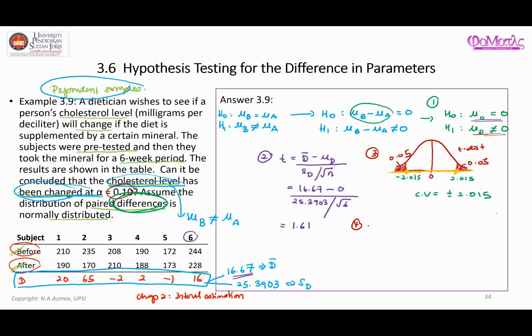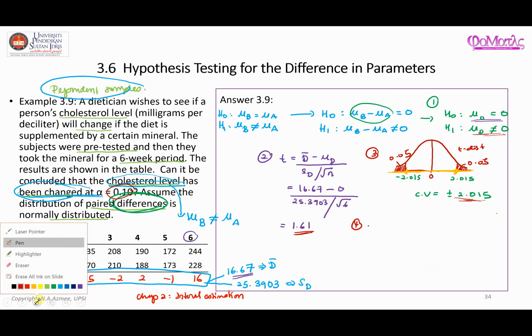The fourth step is the decision process, and you will have to do it based on comparing the test statistic and the critical value that you have over here. If you look at the value of the test statistic 1.61, the value is going to be somewhere here, and clearly this value doesn't fall into the critical region.